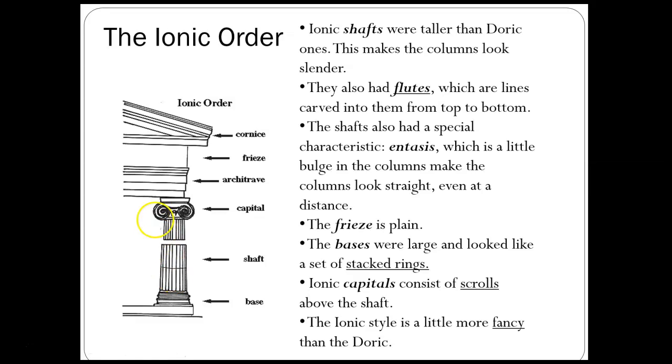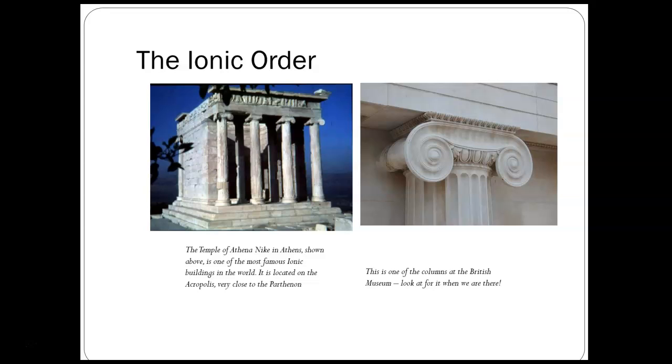Ionic capitals consist of scrolls. So this is definitely key to pointing out an Ionic column. If you see these scrolls, you know, bam, that's Ionic. And the Ionic style is a little more fancy than the Doric. Here are some examples of Ionic buildings. This is the Temple of Athena, and this is in Athens.